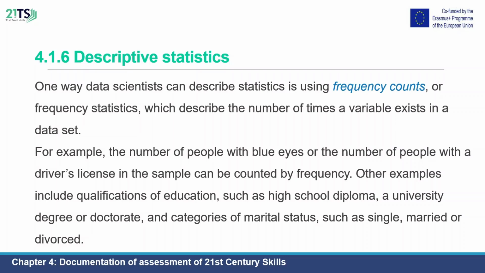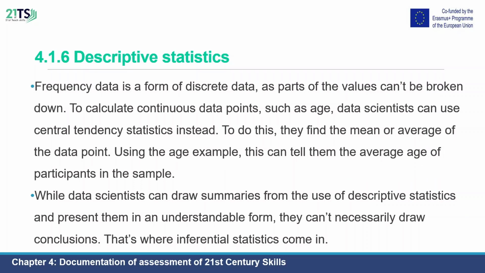Other examples include qualification of education, such as high school diploma, a university degree or doctorate, and categories of material status, such as single, married, or divorced. Frequency data is a form of discrete data as parts of the values can't be broken down.